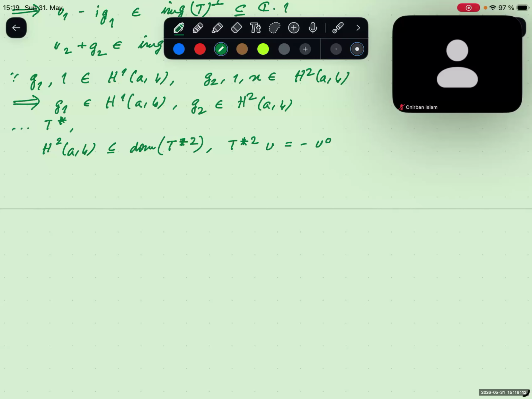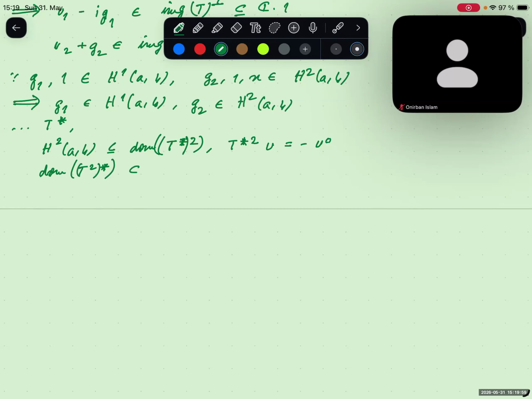Now, the domain of T square star, okay, I think it's good to have more brackets so that there is no confusion.